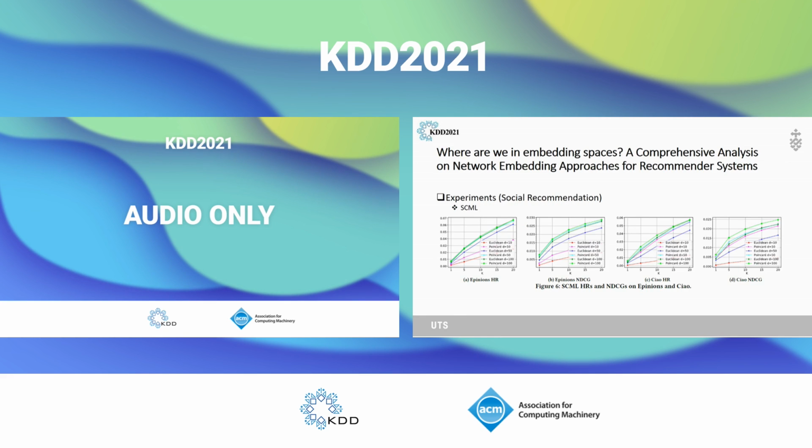Now let's see how hyperbolic space performs in the social recommendation scenario. First, we show the results of SAML. We can observe that the experiment results are still consistent with our three hypotheses. First, since SAML is a distance model, the hyperbolic space should outperform Euclidean space on it, and the results also demonstrate it.